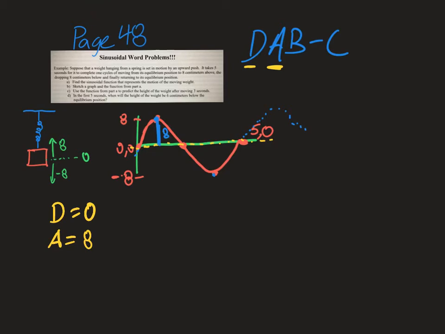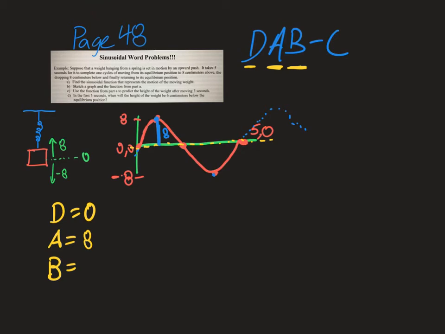Now, once we've found those two, we have to figure out B. Now, B is a little bit trickier than D and A. D and A are very easily visible on the graph, or just by any picture, really. In order to figure out B, we're going to need the period to help us.